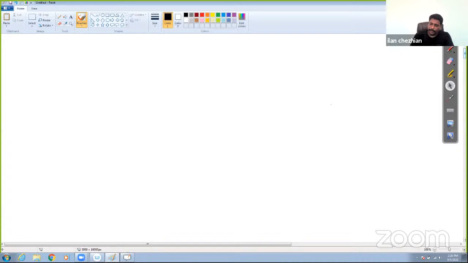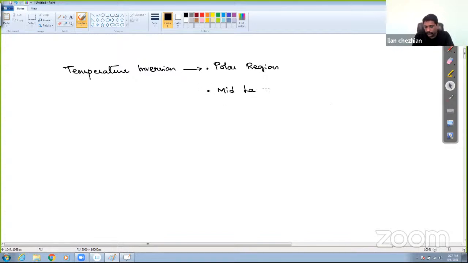Further, you can write: temperature inversion is common in polar region and mid latitudes.